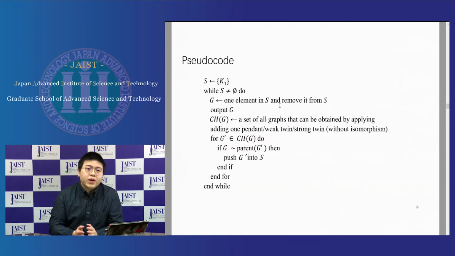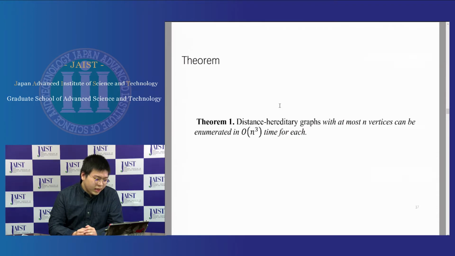Then we check the parent of the newly generated graph. If it is the same as graph G, then we put it into the set S, until all the elements we want are generated. Then we can give our first theorem: distance hereditary graphs with at most n vertices can be enumerated in big O of n to the power of 3 time for each.